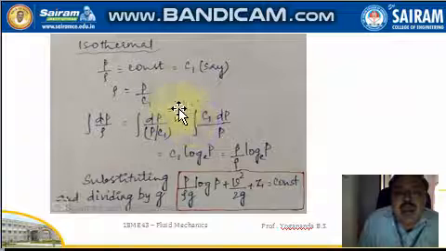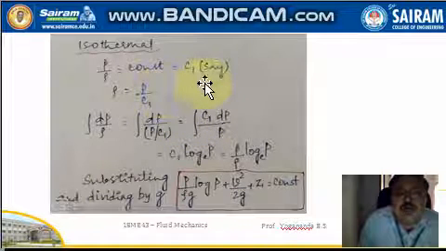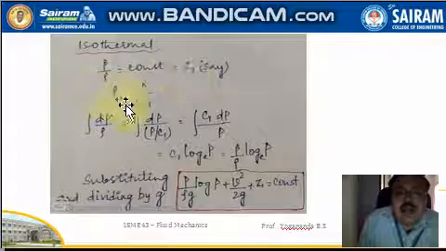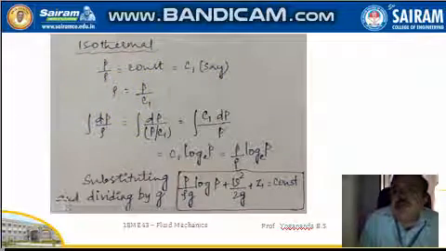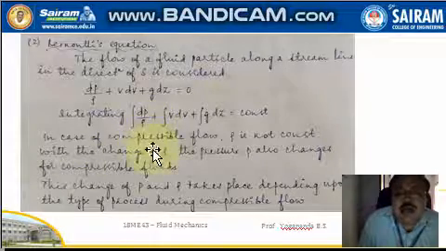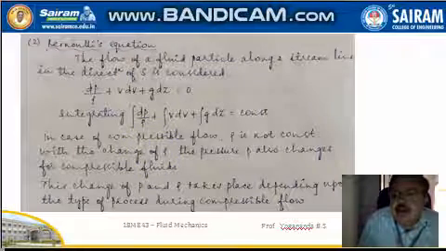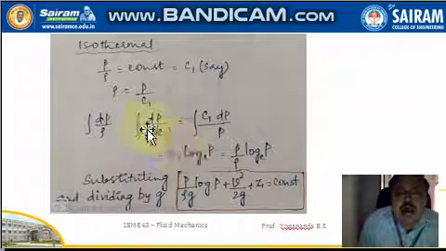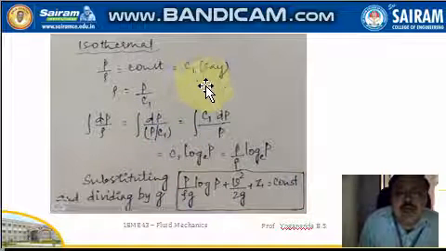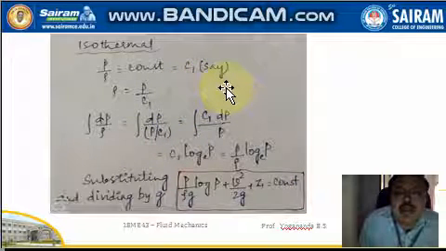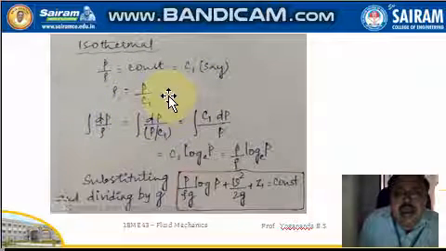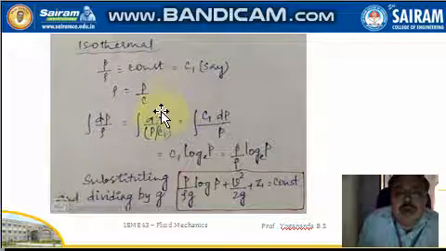In the isothermal process, P by rho is constant, say equal to C1. So we can write rho is equal to P by C1.